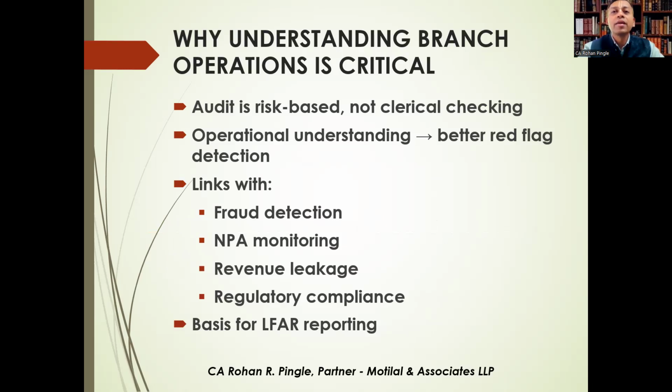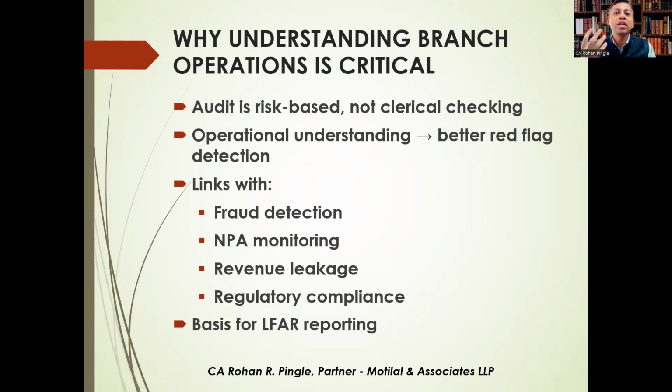Why understanding branch operations is critical for concurrent audits. Without understanding the operations, you cannot identify the control gaps. So to identify control gaps, we need to first understand the operations. We must understand the process. You cannot detect system overrides.